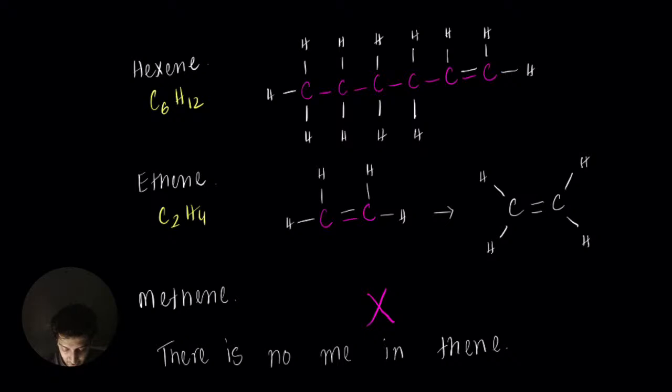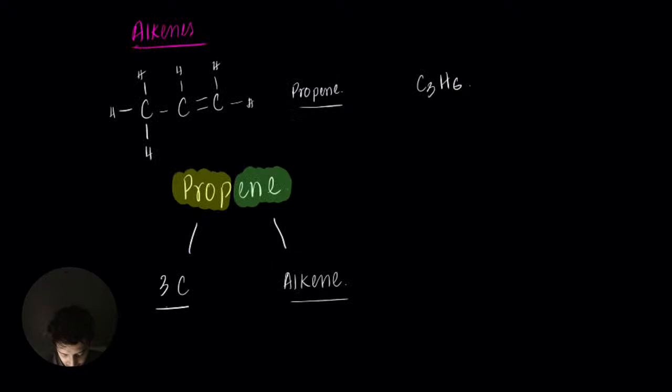Now I think everyone can see, we wrote the formula for all the alkenes, right? And if you notice, the number of hydrogens is always double the number of carbons.